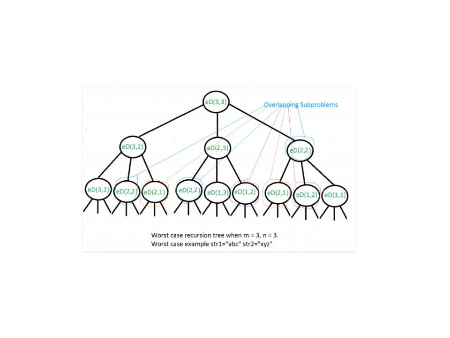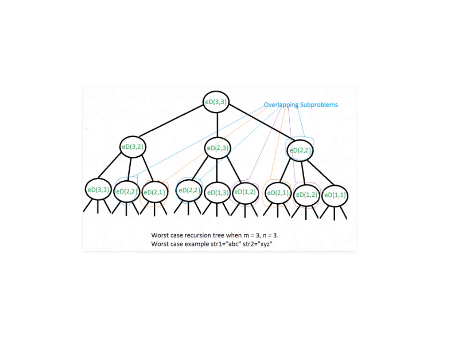As you can see, edit distance of 2 comma 2 can be seen here 2 times. The same is the case with edit distance of 1 comma 2 and many others. A little bit of analysis would make us realize that we actually have m into n unique subproblems, and therefore it makes no sense to solve the same problems again and again.